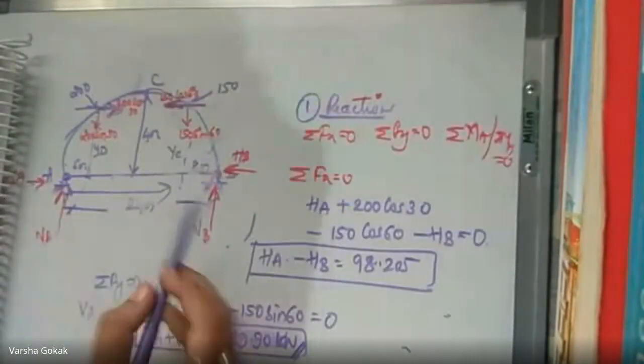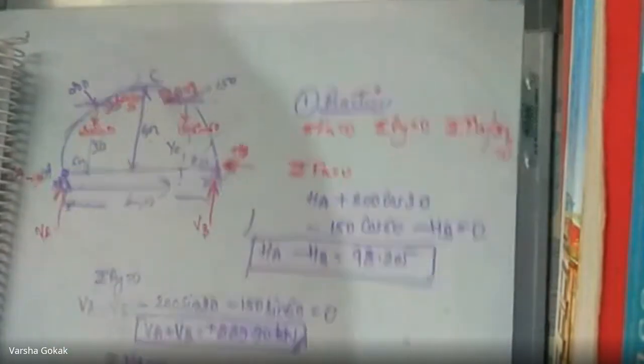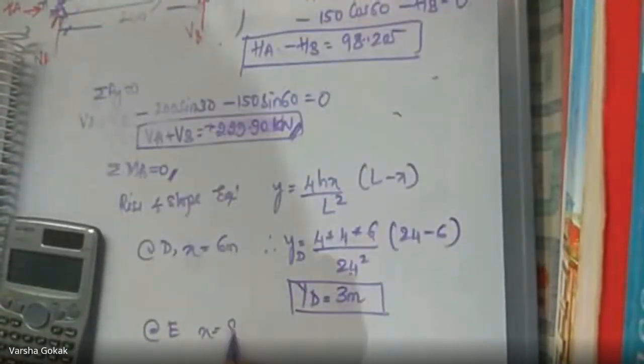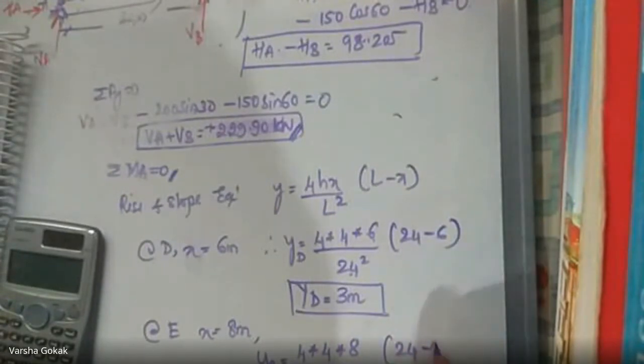Okay. Once you find YD, at E, what x value will we put? You can directly put x value as 8 also, or you can put 24 minus 8 also. We will put 8, simple, at x equal to 8 meters. YE would be 4h, x is 8, divided by L square, 24 square, into 24 minus 8.